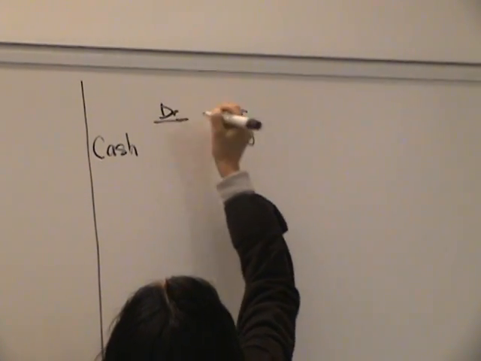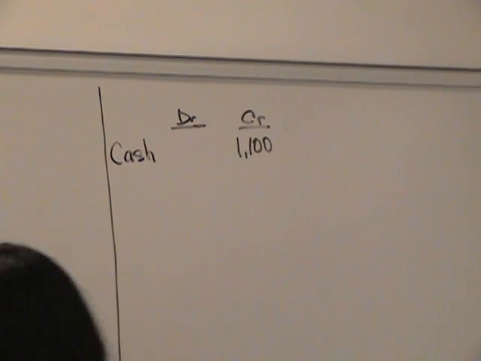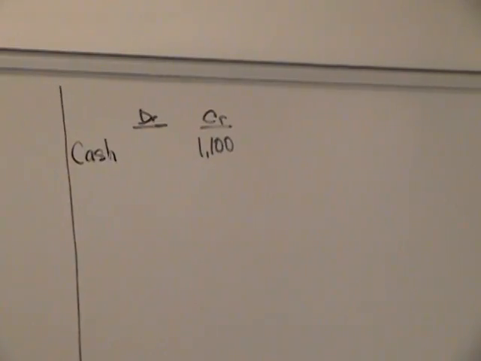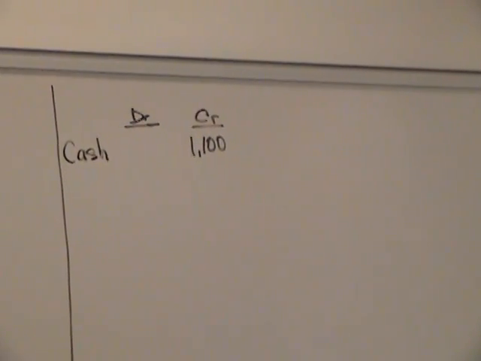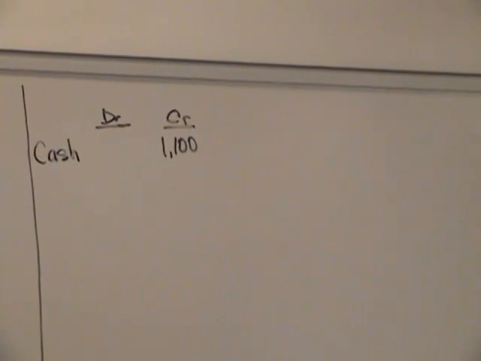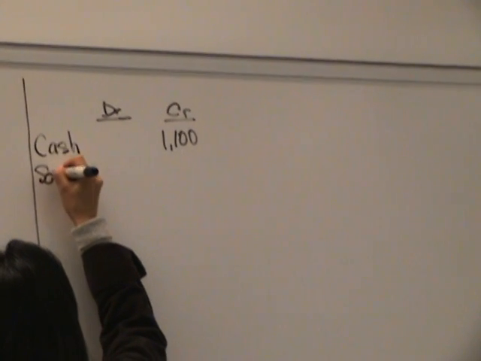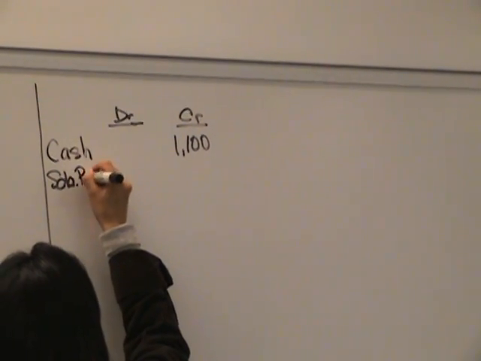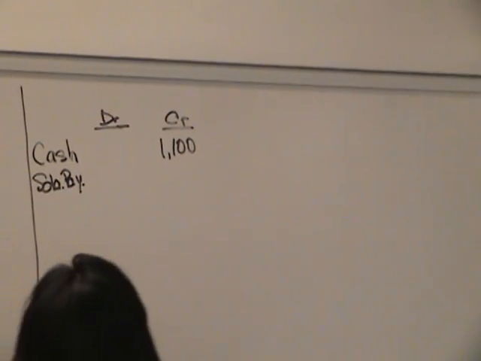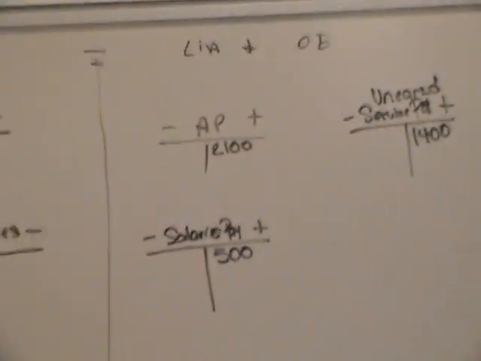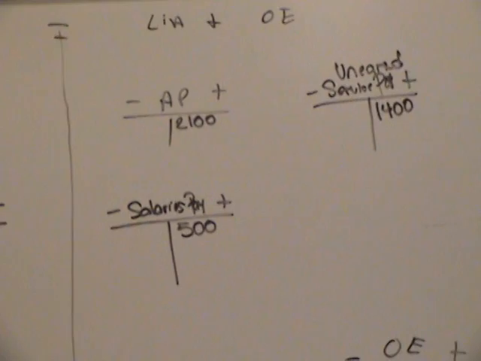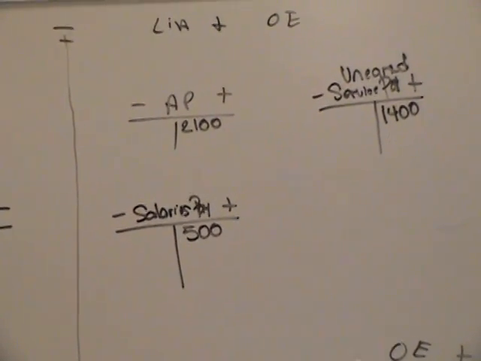Okay, what other accounts are involved here, you think? Salaries payable. Very good. So write salaries payable underneath that. Is salaries payable increasing or decreasing? Decreasing. That's right. Look at salaries payable.